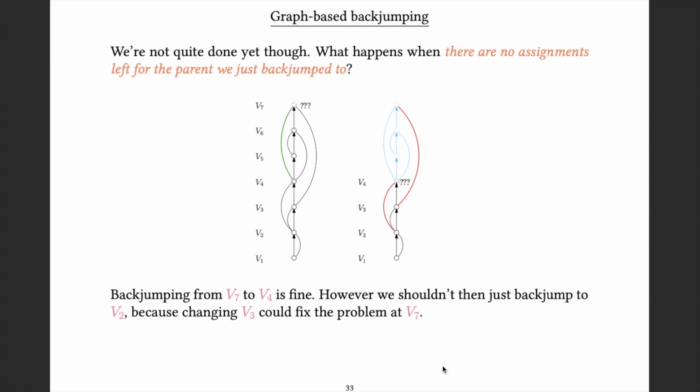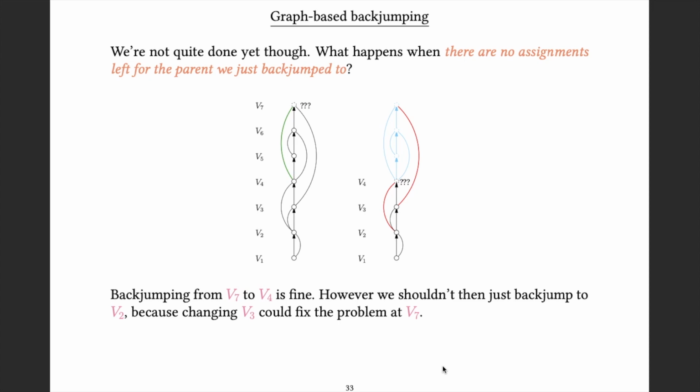Now, let's say that the 4th variable in that sequence has no possibilities left for it. Can we just back jump to its parent? Now, its parent would be v2, the 2nd variable in the sequence of assignments. But that gets us into danger.